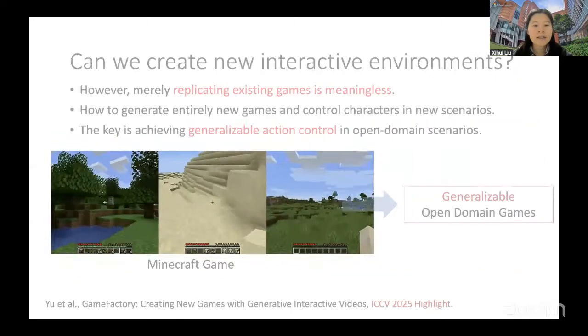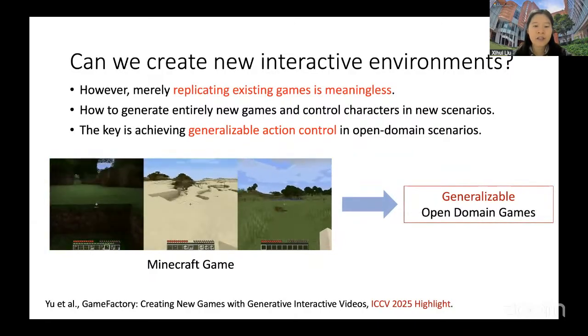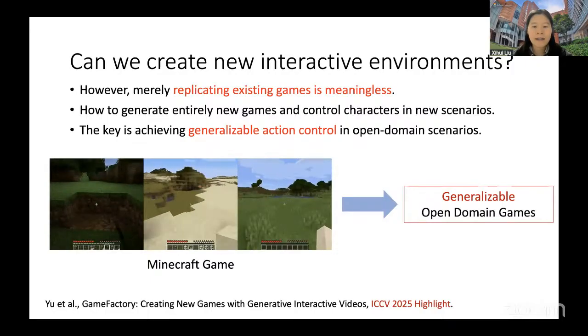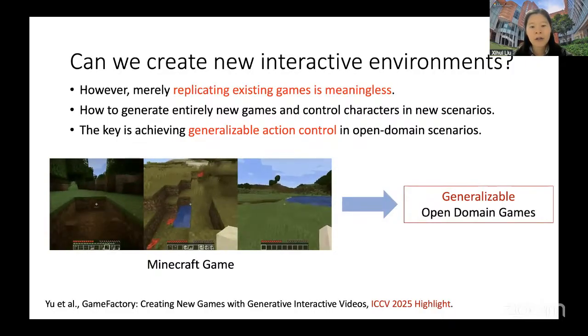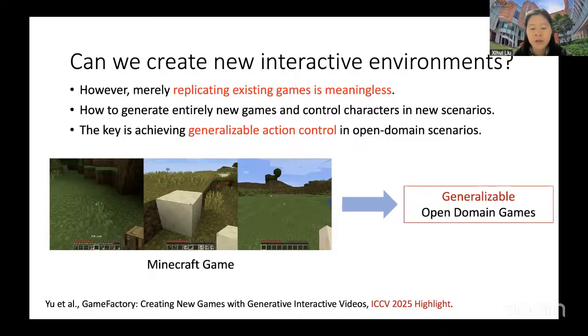So the question we ask is, previous works mainly focus on replicating existing games. However, we are interested in building new games with the generative models. So the key is how to achieve generalizable action control in these open domain scenarios rather than the closed domain games where we trained on.